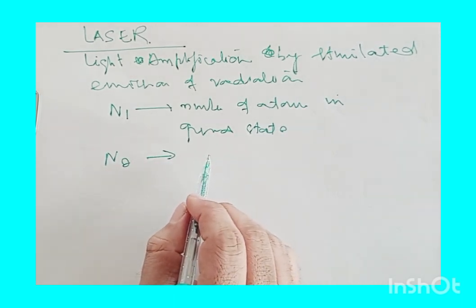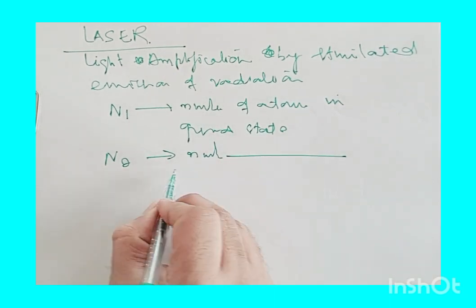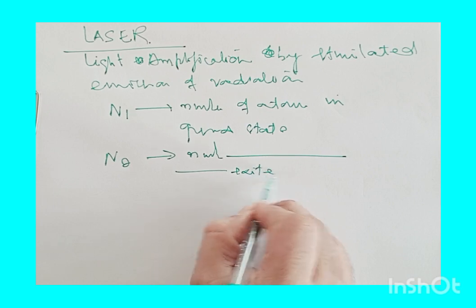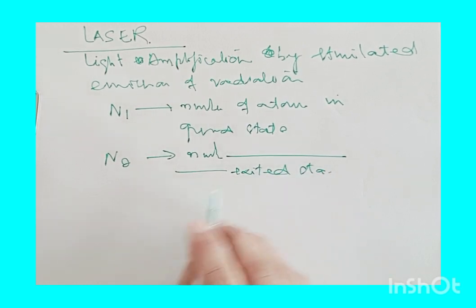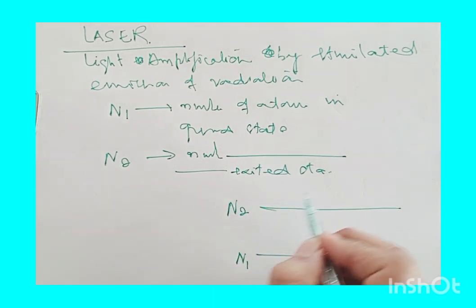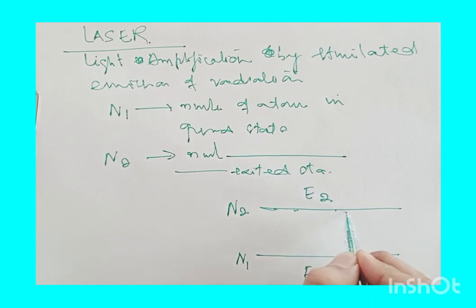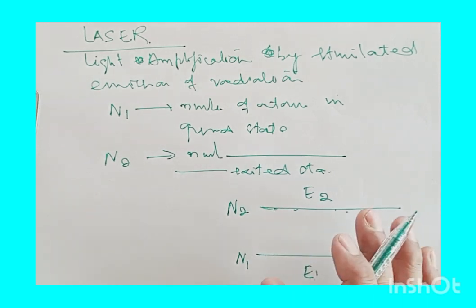So we have a system where n1 is the number of atoms in ground state, say E1, and n2 is the number of atoms in excited state, say E2. So that should be clear.